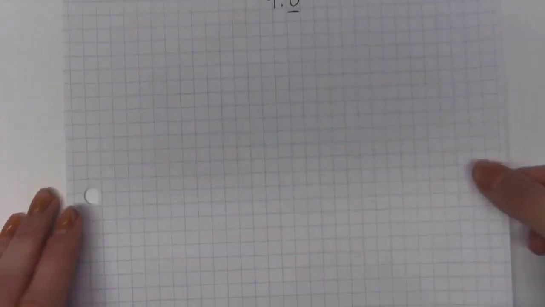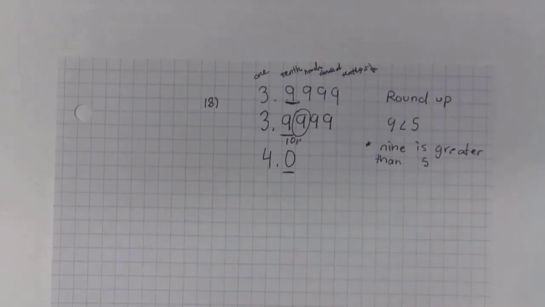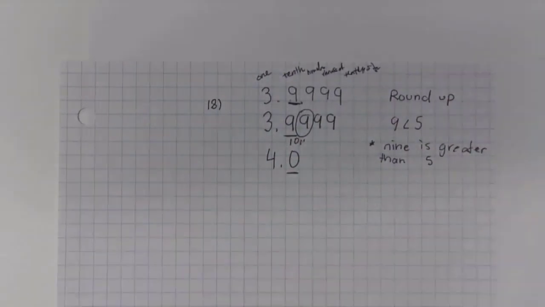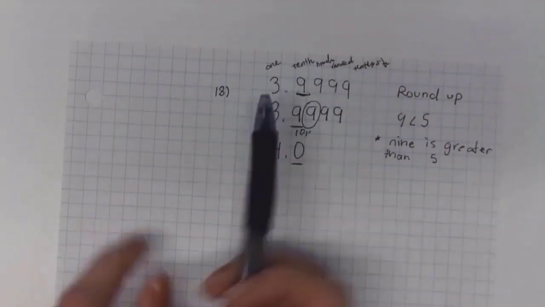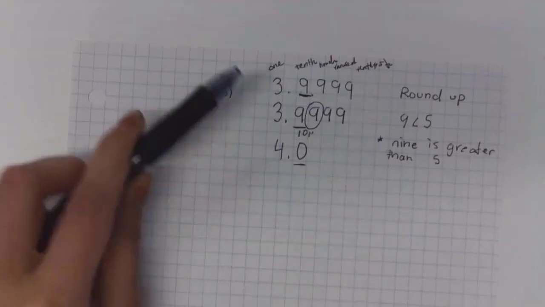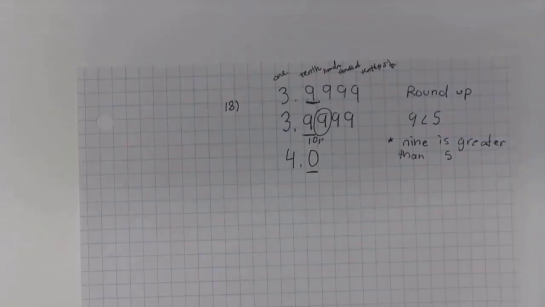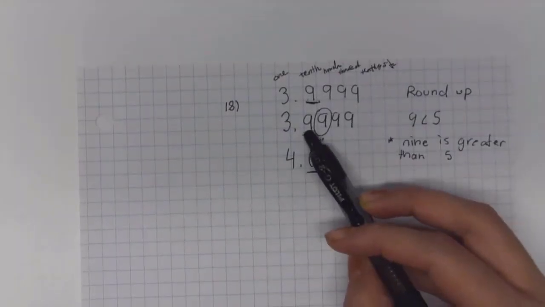And basically, you're just rounding 3.999 to the tens, and first, figure out what the place is. So, ones, tens, hundreds, yeah. And so this is the tens place.